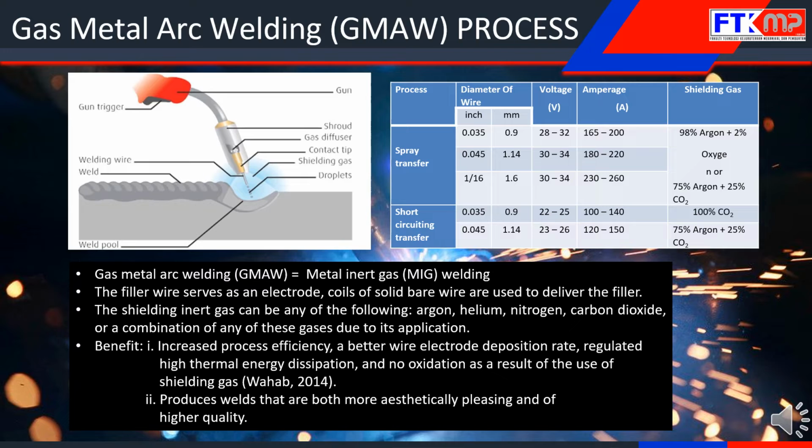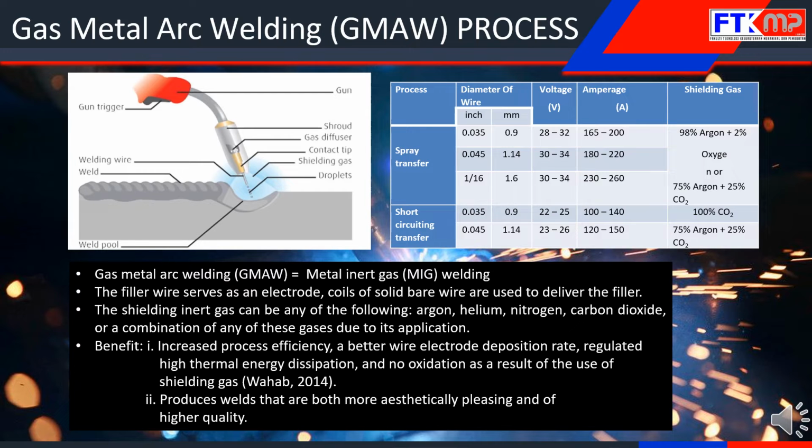For the purpose of joining large sections of metal, gas metal arc welding is an arc welding process that sees a lot of use because of its distinctive characteristics. These benefits include an increased process efficiency, a better wire electrode deposition rate, regulated high thermal energy dissipation, and no oxidation as a result of the use of shielding gas.